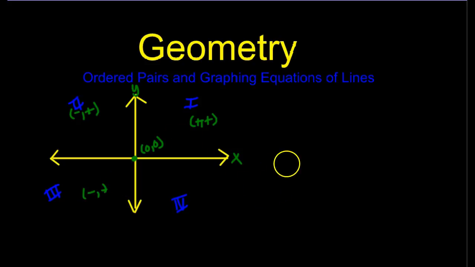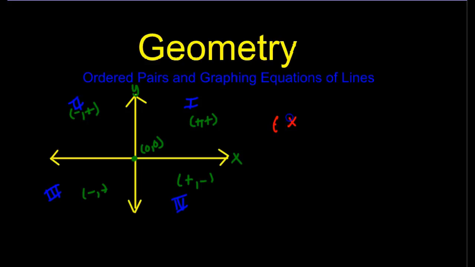And then points in quadrant 4 mean that I'm going to the right and down. So I will have positive and negative, to the right and down. Okay, hopefully you remember that from Algebra 1 or even pre-algebra.